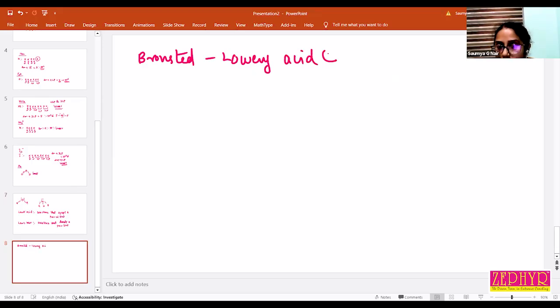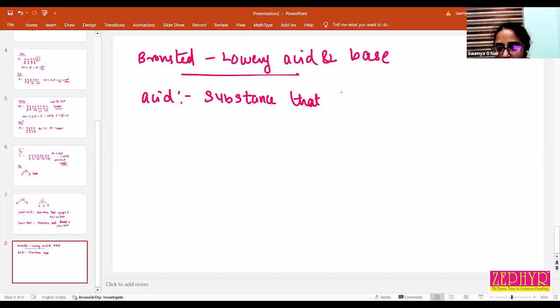Bronsted-Lowry acid and base. According to the Bronsted-Lowry concept, acids are substances that donate H plus, or they are proton donors.